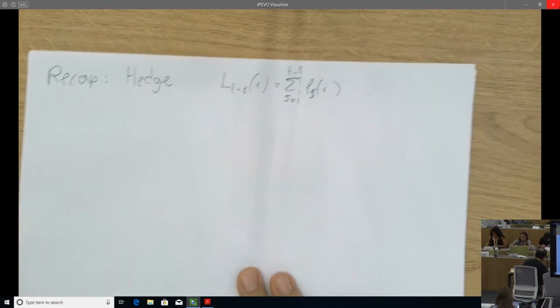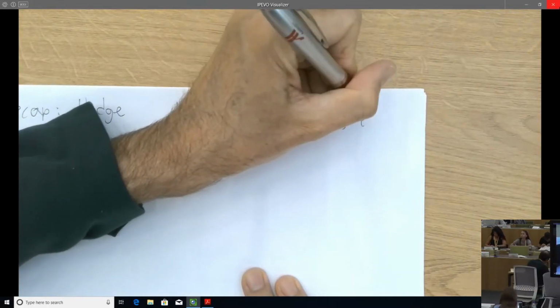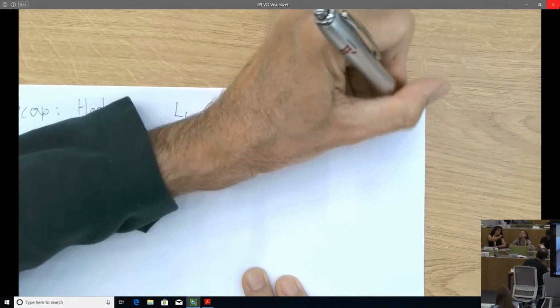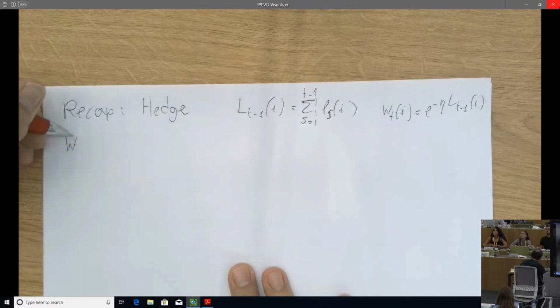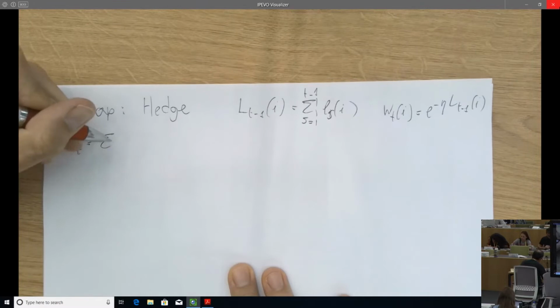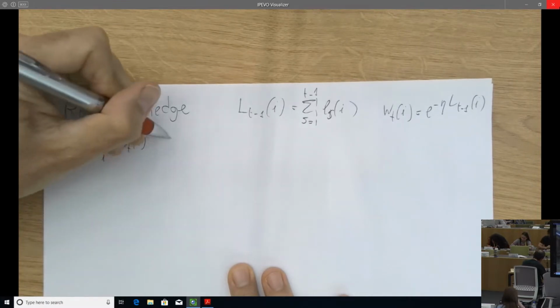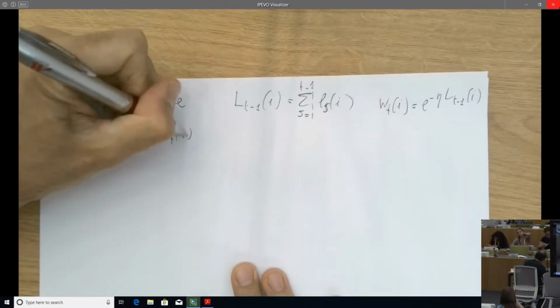Then we had the weights that were proportional to e to the minus cumulative losses, and the normalization constants for the weights. And finally, the probabilities were just the normalized weights.